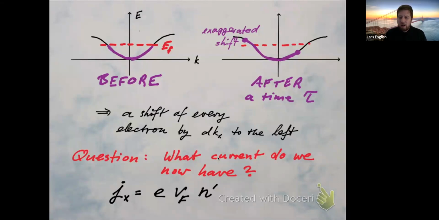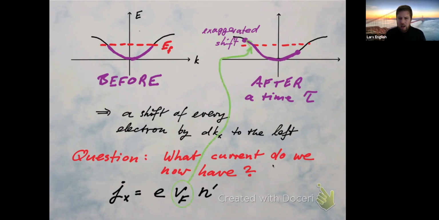And so I have that here, but I call this n prime because the n here is a particular n that I want to highlight in a moment. But first, what is this? The v here is not just any speed, it's the velocity of the electron at the Fermi energy.